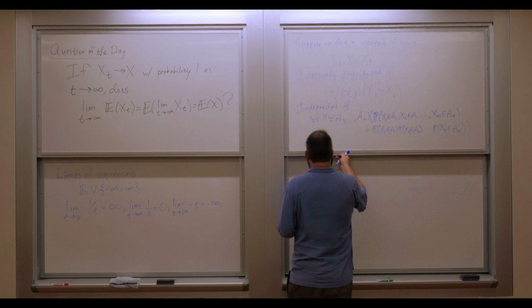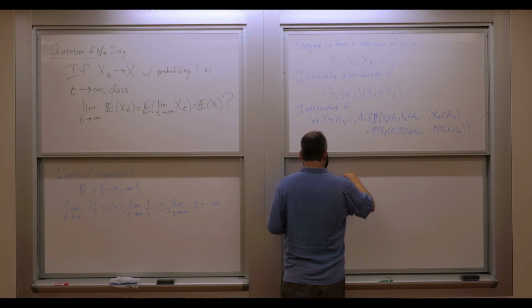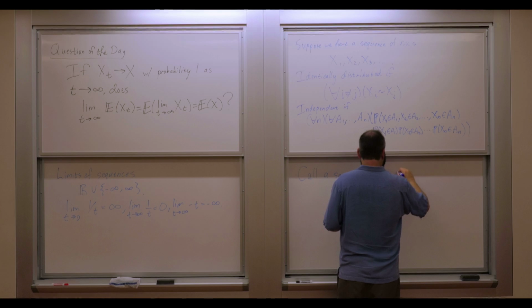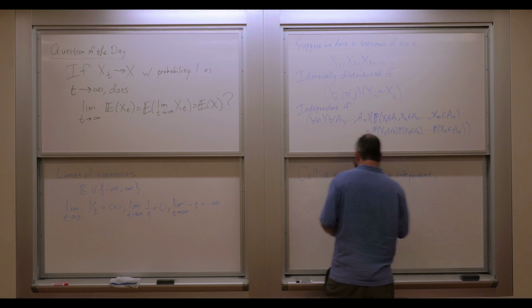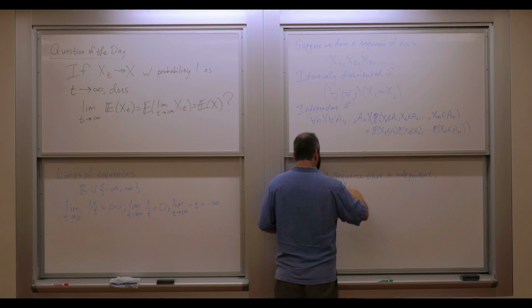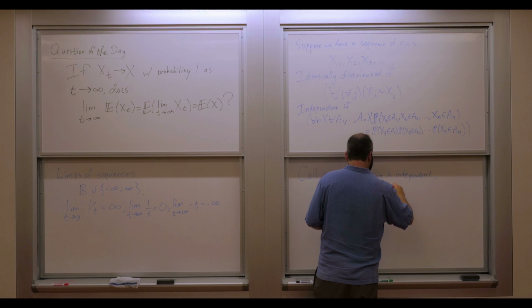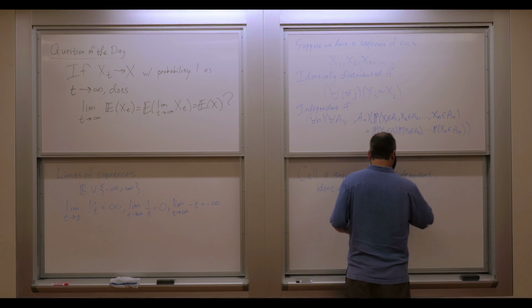Now, if we have both properties, if we have a sequence that is both independent and identically distributed, then we call it IID.